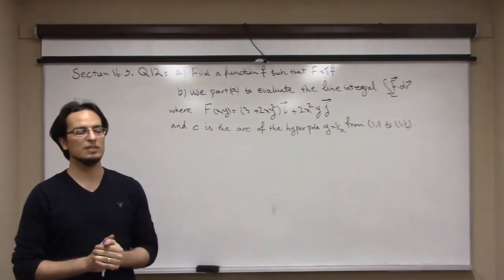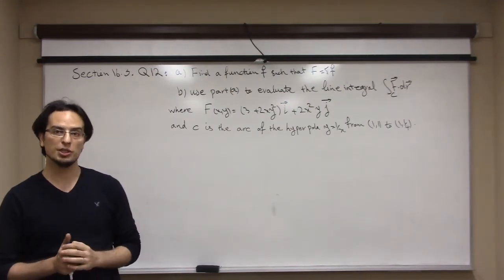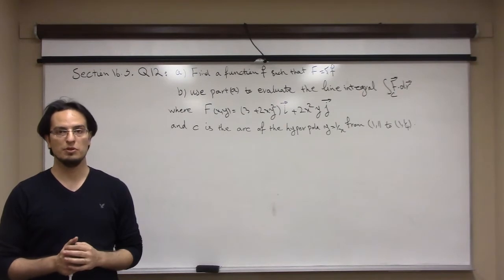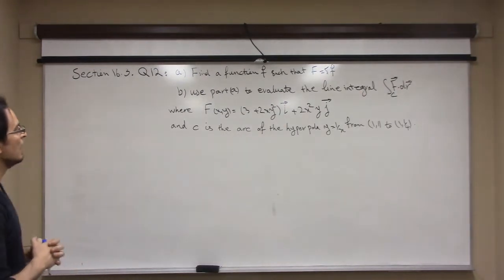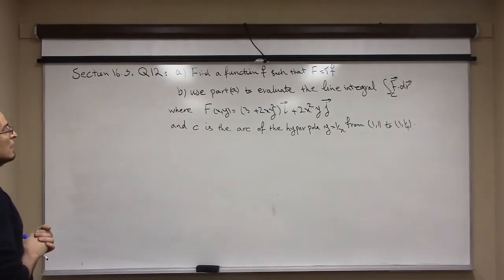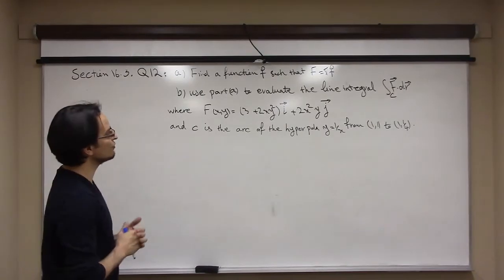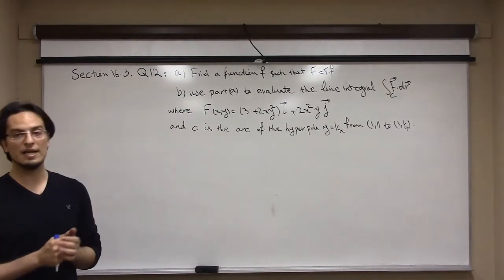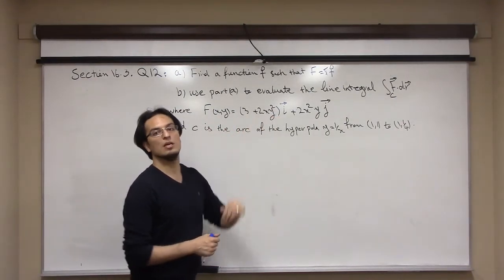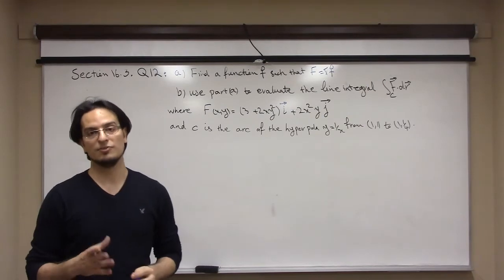In this video, I'm going to do question 12 from section 16.3, which is a two-part question. First, it says find a function f such that the vector field is equal to the gradient of that function.